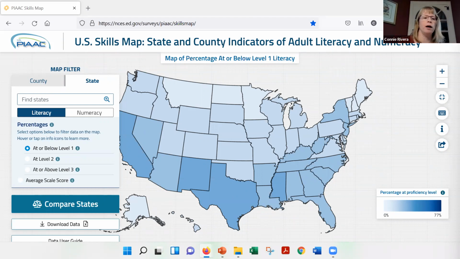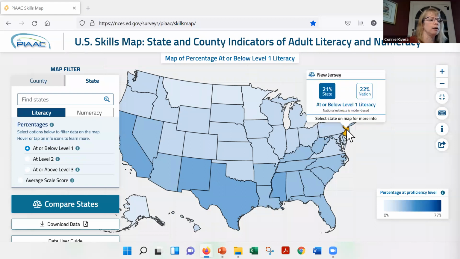All right, so we have a really wide range of percentages coming up. If you'd like to follow me to the map and find your own state, you can. I'm going to drop that in the chat again. I know I saw New Jersey go by. Here's an example. This is for literacy right now; the blue is for literacy.